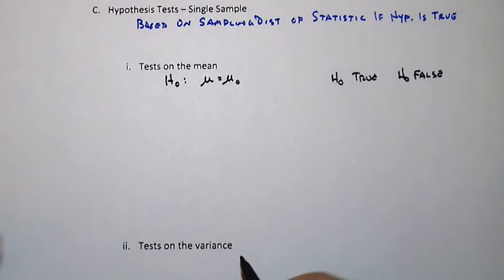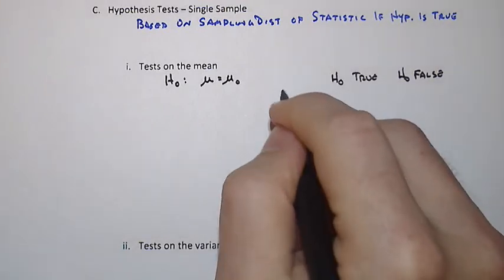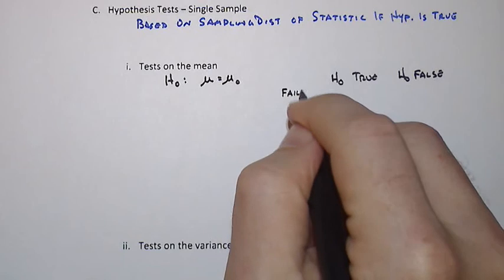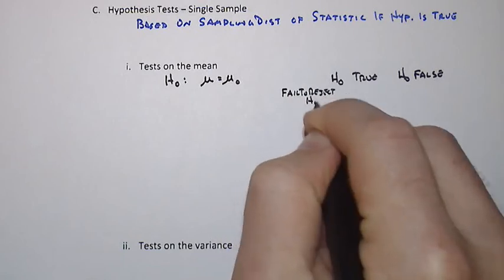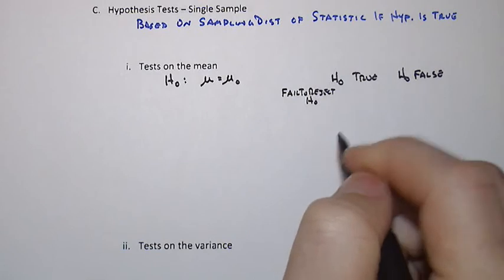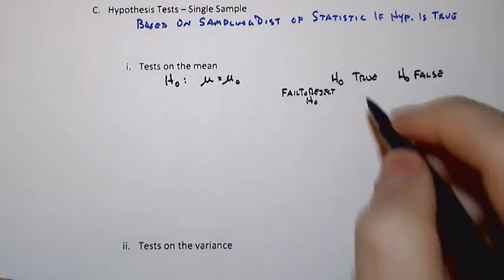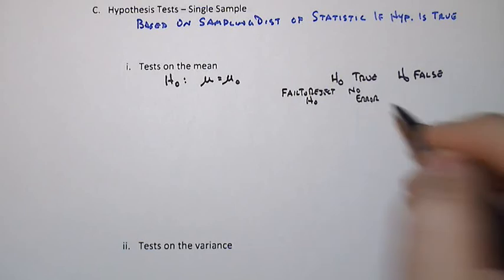And the outcome here was that we could fail to reject our null hypothesis. We'd like to say that rather than we accepted H naught. In which case we would have no error if the null hypothesis was true.